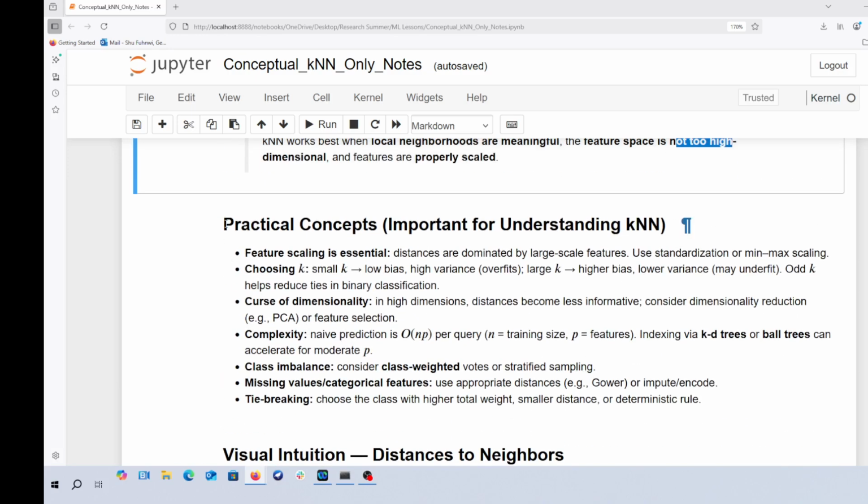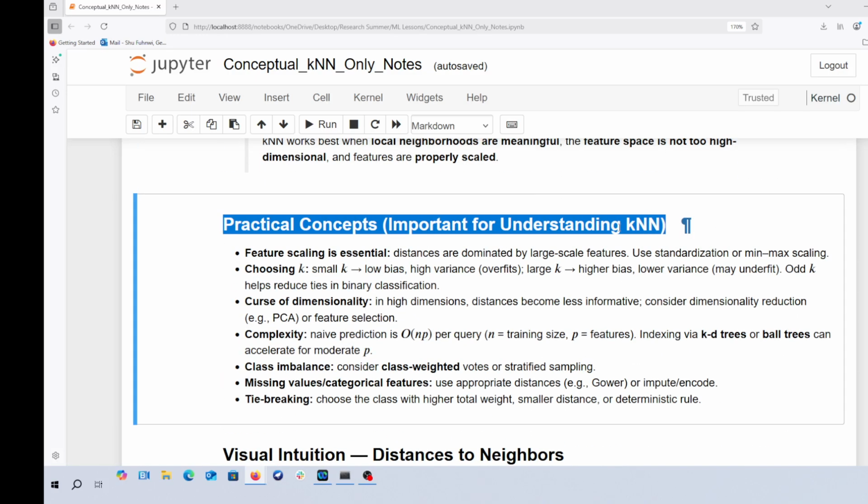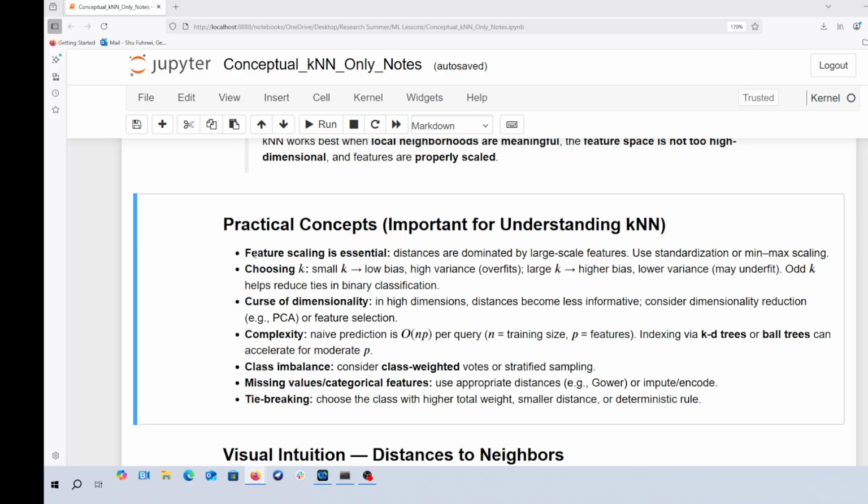One of the key practical aspects we should keep in mind with KNN is that it's always good to use what we call feature scaling. Remember, if we have a data set with a lot of differences between the values of those features, and since we are using distance metrics to calculate the distance between each of those features and then map how close they are relative to the output we are trying to predict, most of the time we need to scale those features.